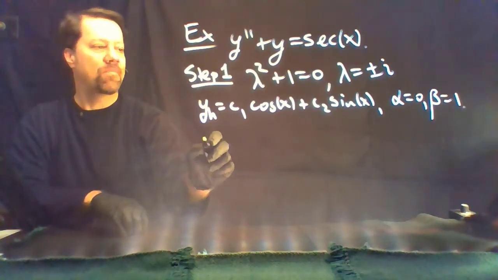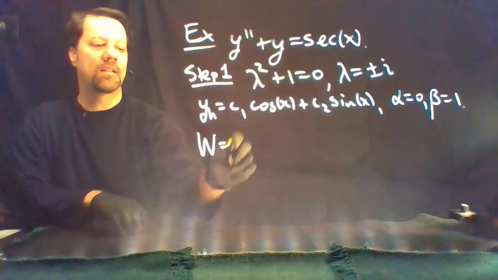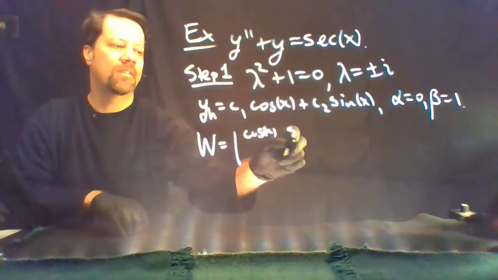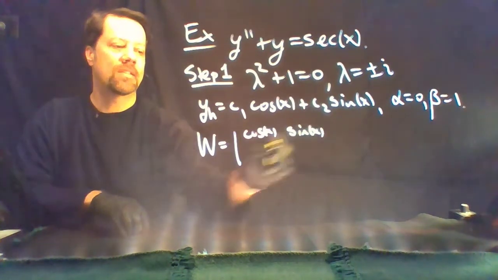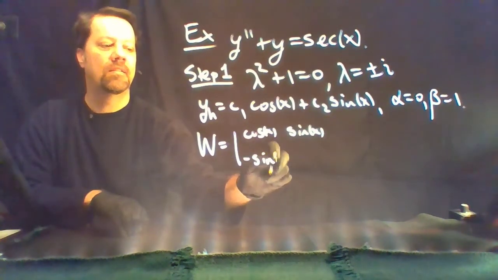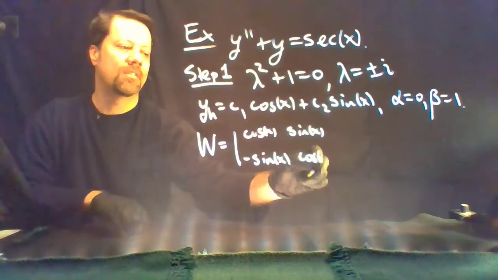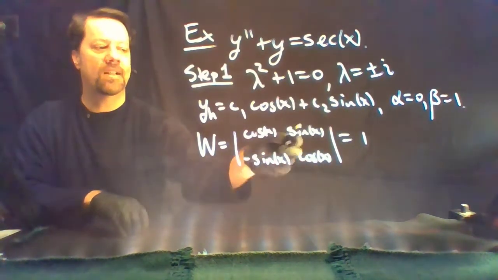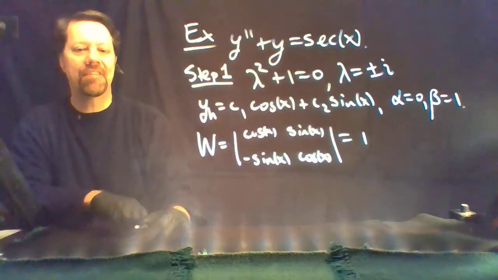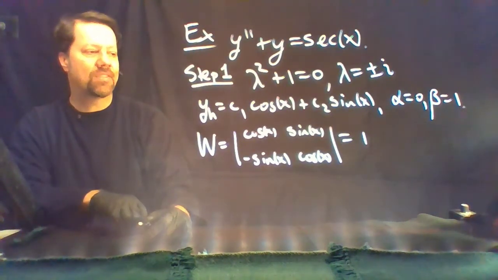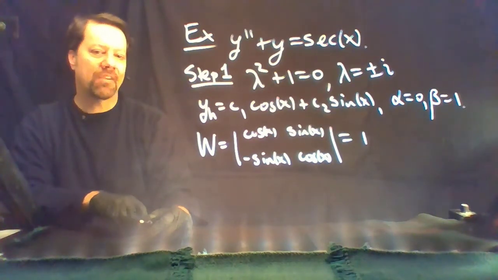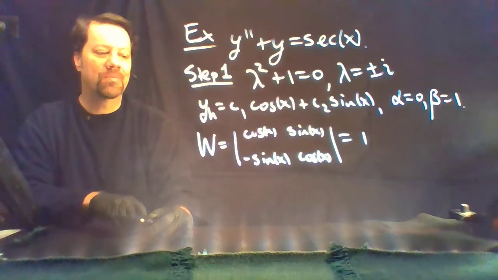The Wronskian is cosine of x, sine of x, minus sine of x, cosine of x, and that's cosine squared minus negative sine squared gives us cosine squared plus sine squared, and by the Pythagorean identity that's equal to 1.